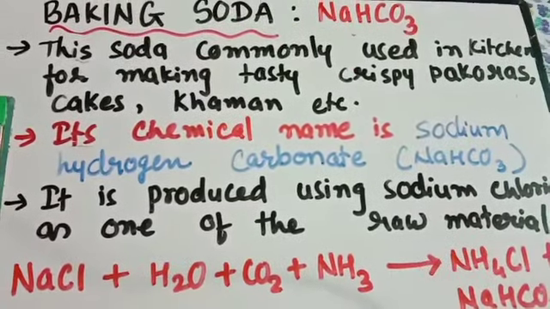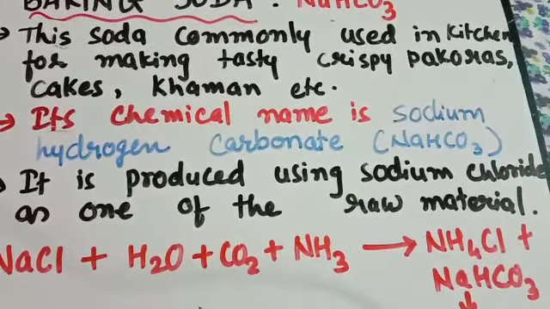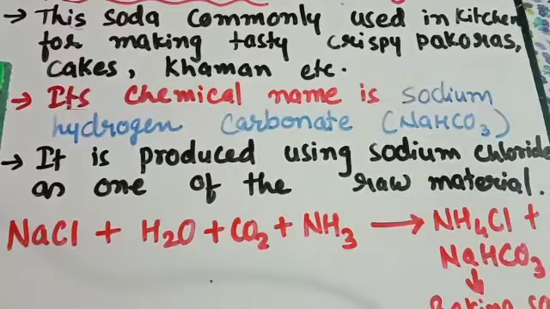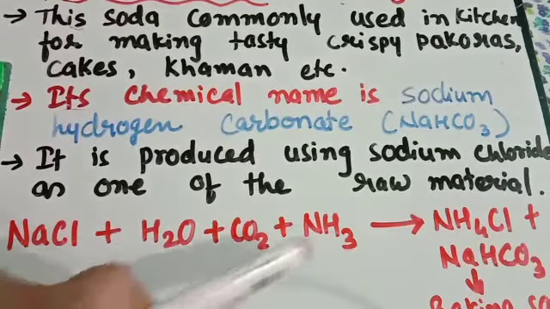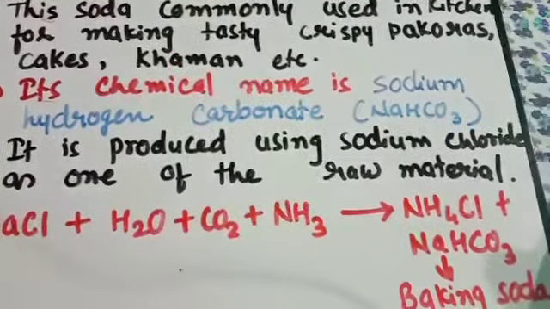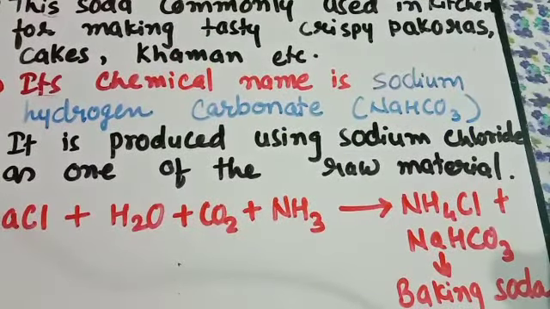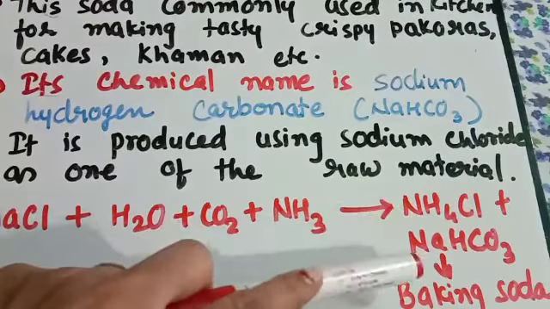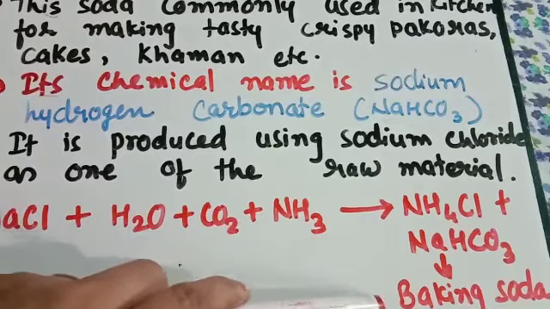It is produced using sodium chloride as one of the raw materials. Here 3 more reactants are there: NaCl, H2O, CO2, NH3. NH3 is ammonia. By reacting these we get NH4Cl plus NaHCO3. NH4Cl is ammonium chloride and NaHCO3 is baking soda.